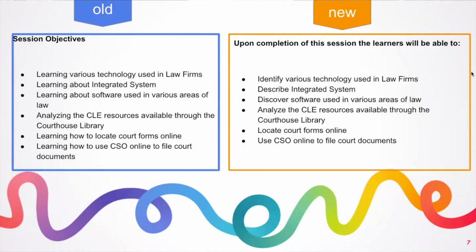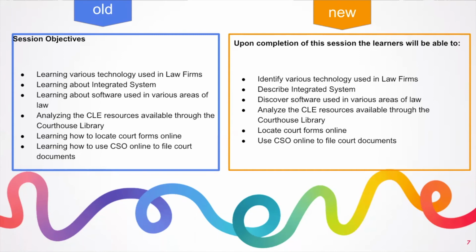So what you see on the left is the old version of the session objectives and on the right is a new version. So I modified the old version based on the table that included the action verbs that were aligned with the Bloom's taxonomy format. So let's see what changed. For the first one, it says learning various technology used in law firms.